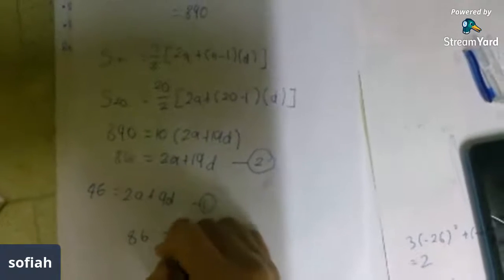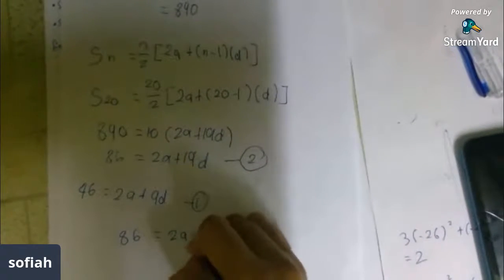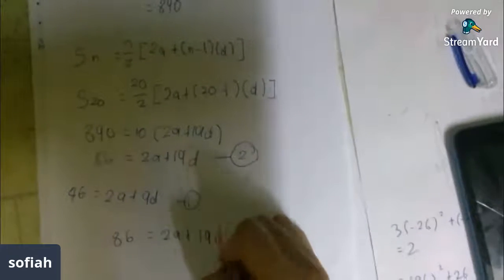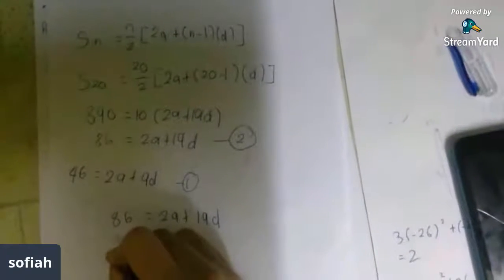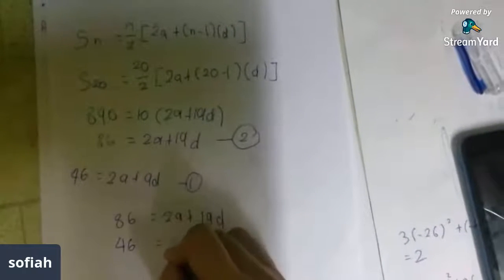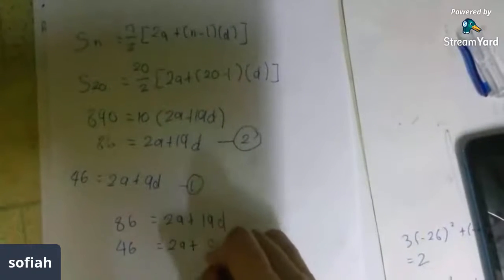Then we can use either elimination method or substitution method to get the value of a and d. Okay, so now I will use the elimination method. The second equation is 86 equals to 2a plus 19d, and the first equation is 46 equals to 2a plus 9d.